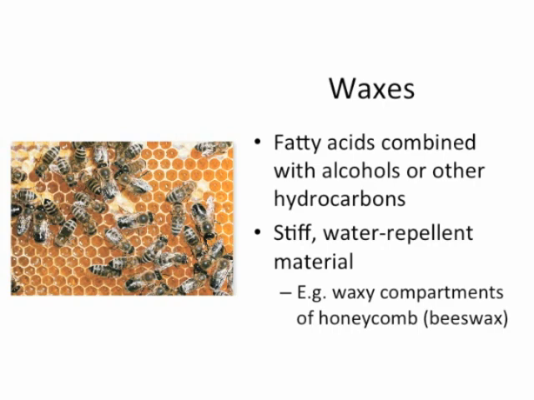Waxes being almost water-repellent, and having some stiffness to them, can play a lot of roles in making structures, in making these kind of watertight locations. So a lot of organisms will excrete waxes, and they can then use them. We use wax all the time throughout our daily lives. Wax is a type of lipid.